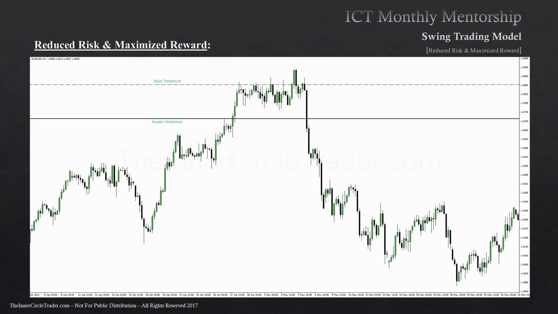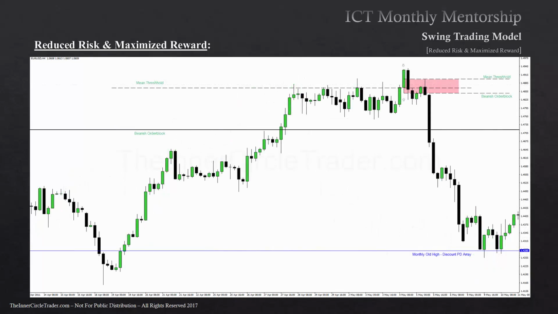And I want you to look very closely. We can see here we have a bearish order block, the last up candle right before the down move, highlighted with the arrow above and below it, delineating that. And we split the candle in half at the mean threshold as well, and we delineated the low for the bearish order block.